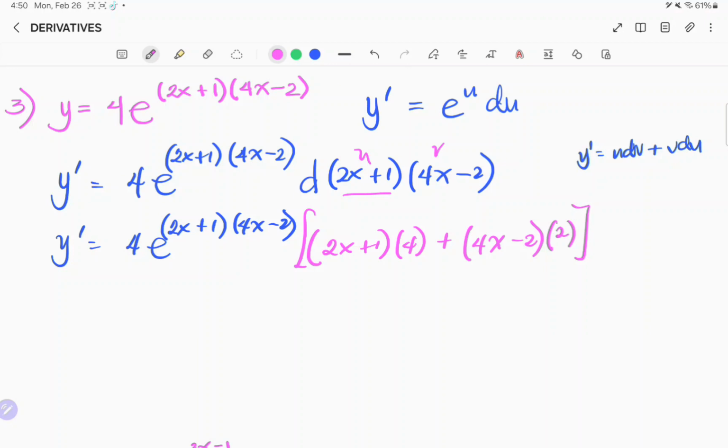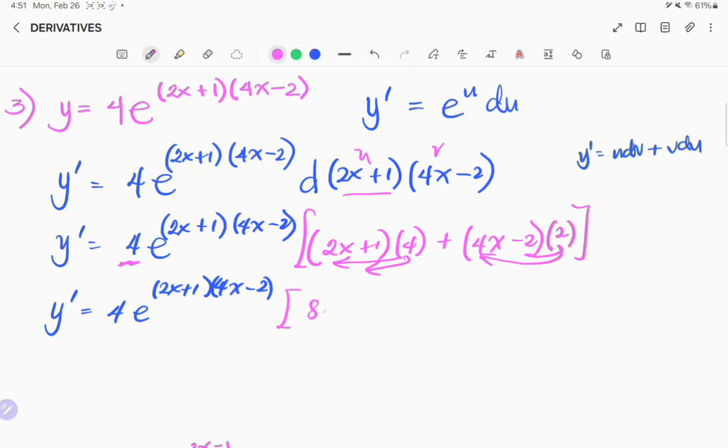Then we have to simplify this whole bracket so that we could multiply it to our numerical coefficient. So simplifying this pink bracket, we have y prime. We have to copy this 4 raised to 2x plus 1 and 4x minus 2. So we have to distribute 4 inside as well as our 2.